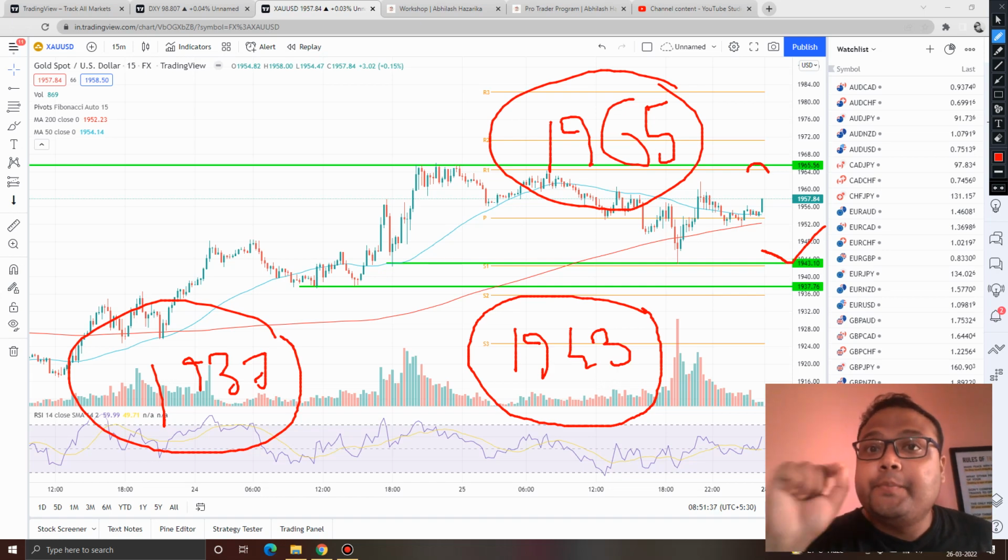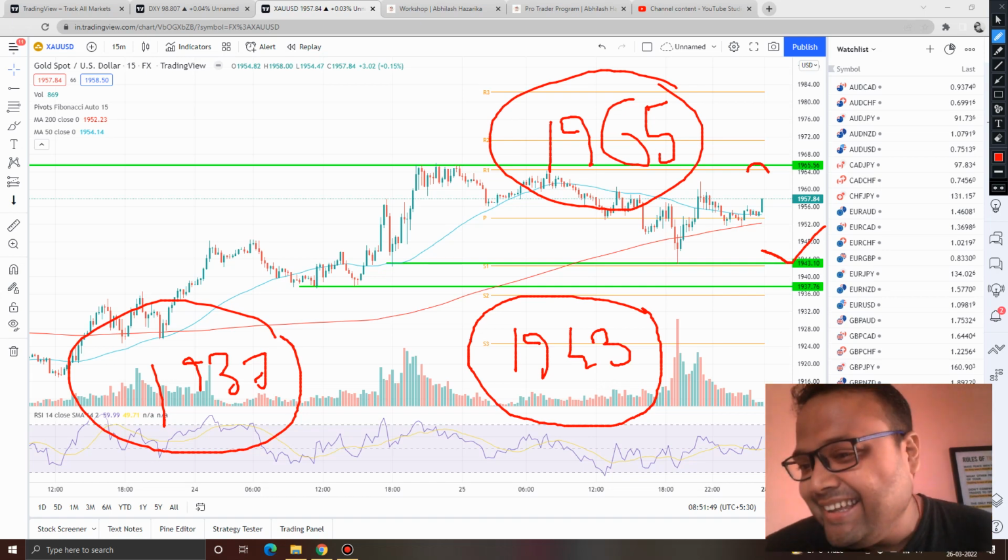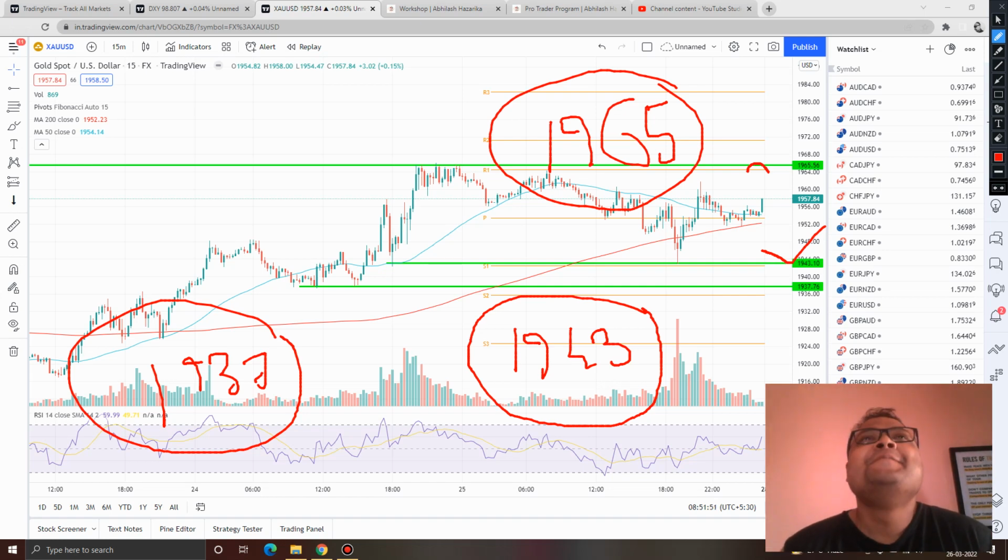And if the market breaks 1965, wait for some time and see, because understanding the market emotion is also important. We don't know what news will come out during the weekend. If we see some bullish news in the market that is provoking the price of gold, and the market is breaking 1965, then obviously you can go for a buy.